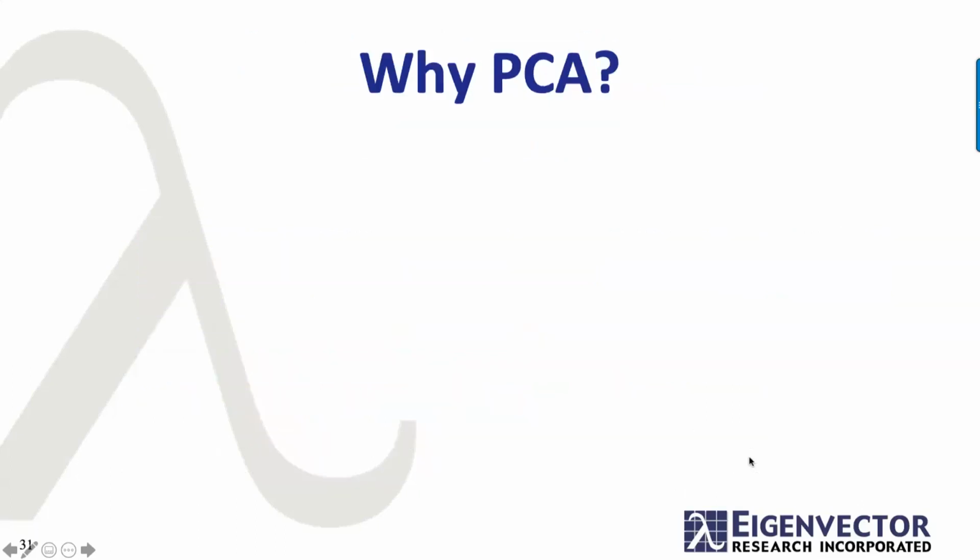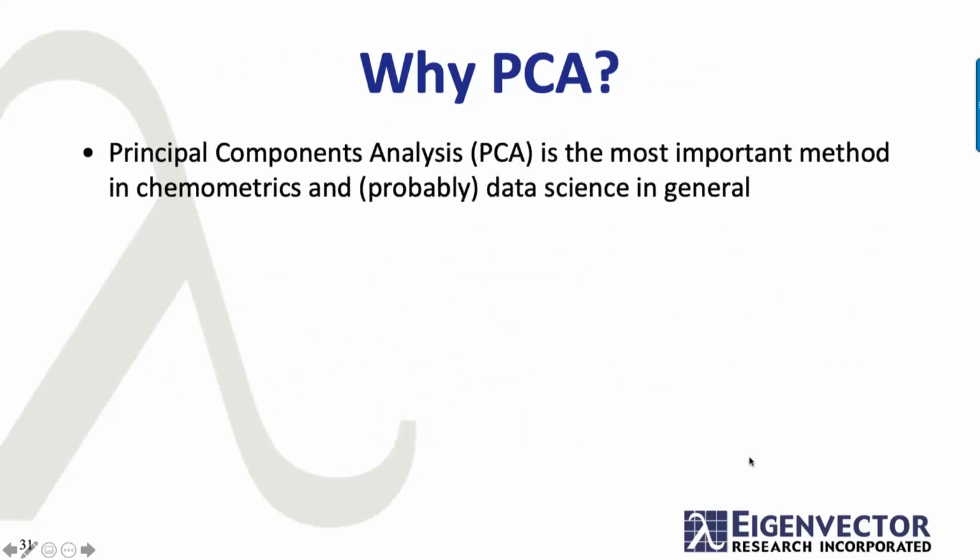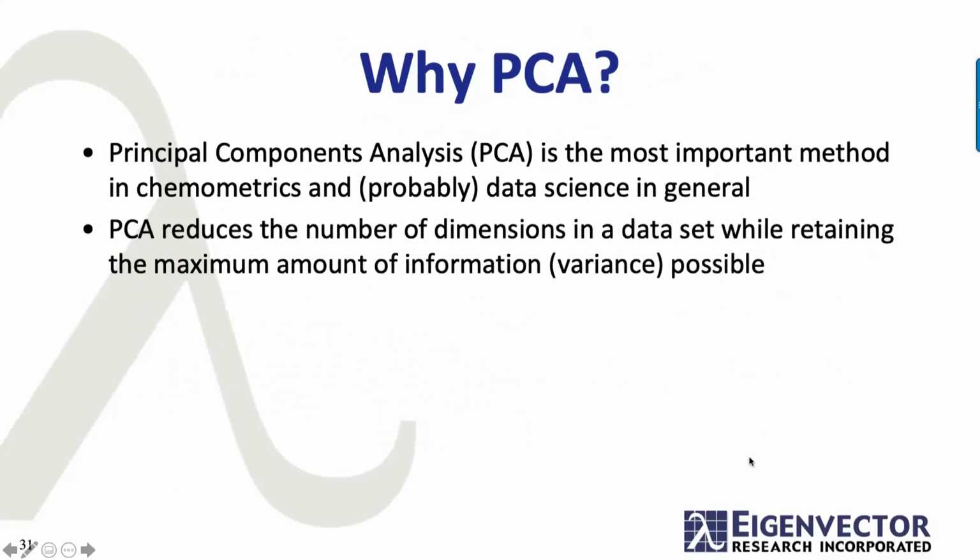Okay, so let's move on and do a little principal components analysis. So why PCA? Well, principal components is the most important tool in chemometrics and probably data science in general, and it is ubiquitous. Principal components reduces the number of dimensions in a data set while retaining the maximum amount of information, that is variance, possible.